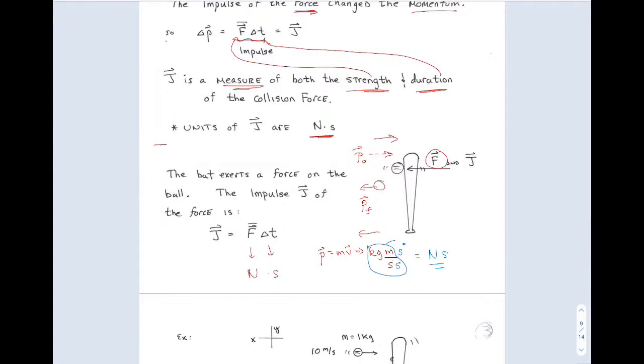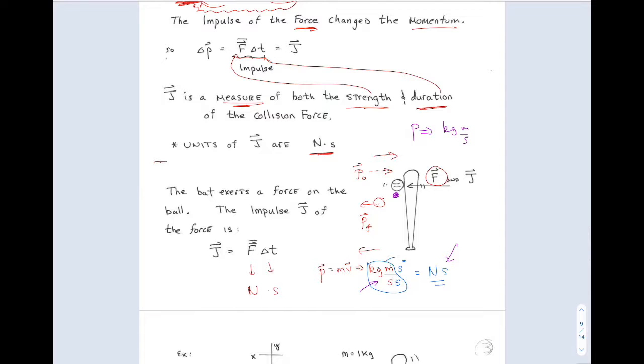Well, if you're talking about the ball up here, what the ball's doing in terms of its momentum, then you would stick with units of momentum, kilogram meters per second. The red units, units of momentum, you would use to talk about the ball. Ball goes in to the right, goes out to the left. The blue Newton seconds refer to the impulse.